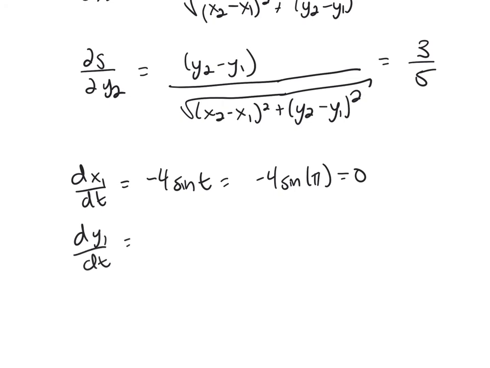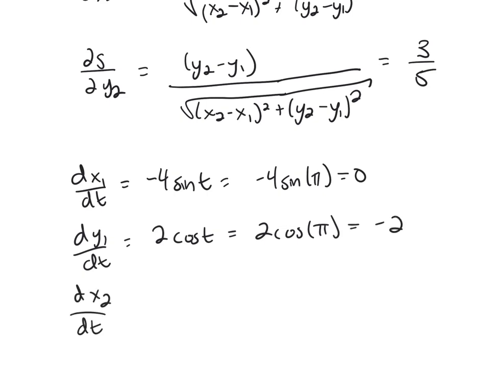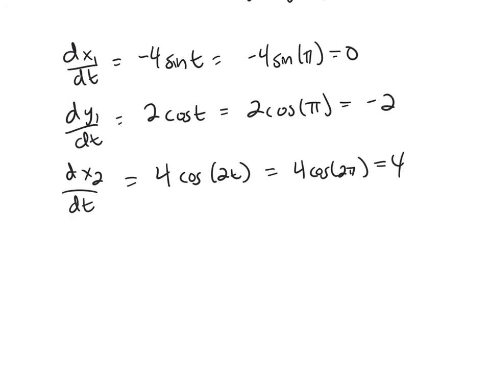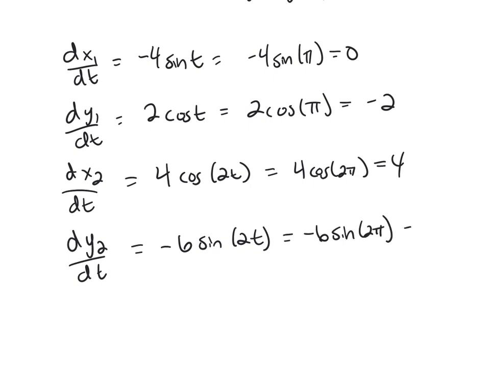For y1, the derivative would be 2 cosine t, plug in pi, you'll get -2. The derivative of x2 with respect to t, using the chain rule, would be 4 cosine 2t. If you plug in pi, you'll get 4 for this one. And the last one, the derivative of y2 with respect to t, should be -6 sine of 2t. Plug in pi, and you'll get 0.